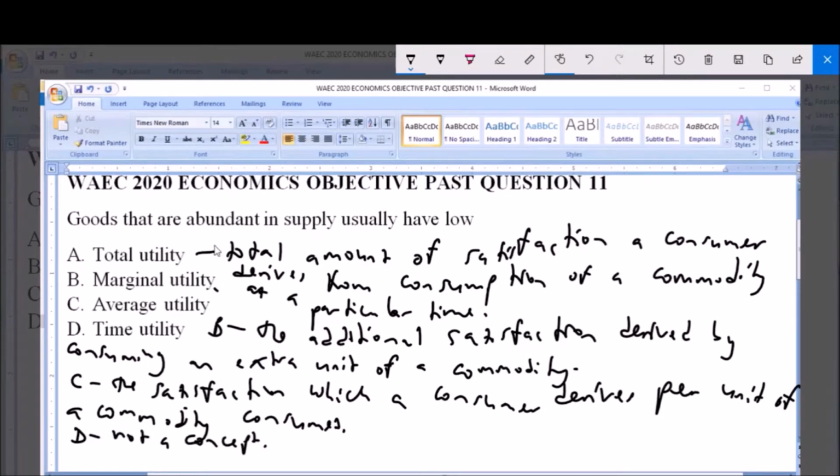Now, from all this, we are asked that goods that are abundant in supply usually have low what type of utility?